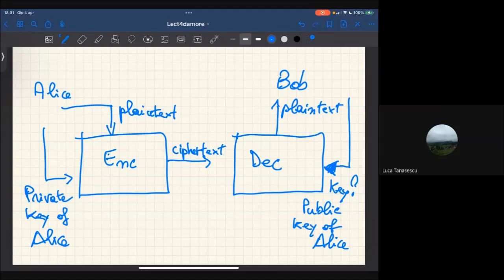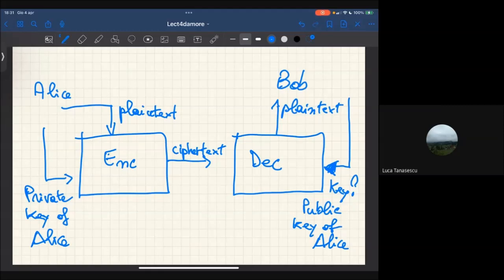If we look at the Alice side, we understand that only Alice can do that, because the encryption is made by using the private key of Alice, and only Alice can use the private key of Alice. The decryption is needing the public key of Alice. This is meaning that everybody can find the public key of Alice and use it for getting the plain text from the ciphertext.